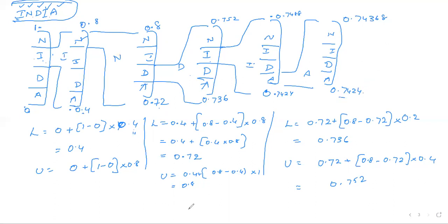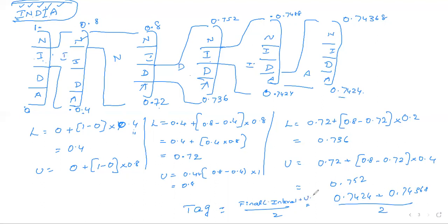Now we have to calculate a tag. Final step, tag, that is the final interval average. Final interval average means 0.742 plus 0.74368 by 2, that is the final lower interval plus upper interval divided by 2.